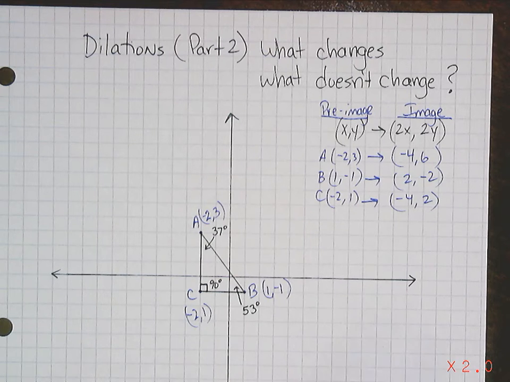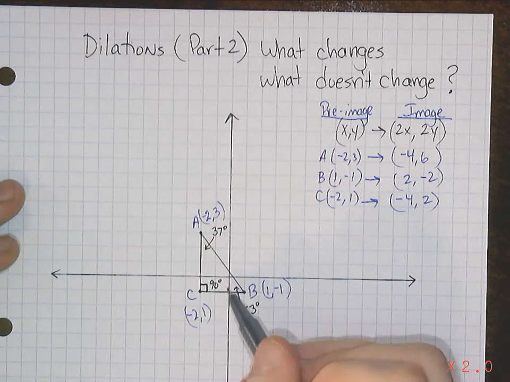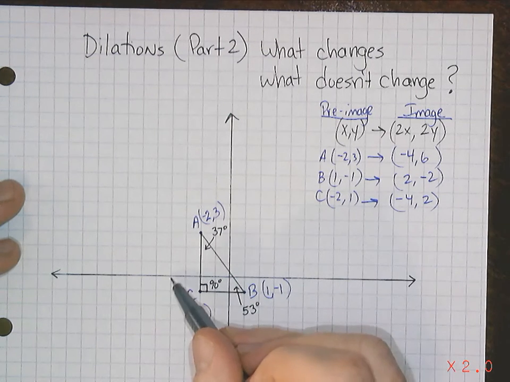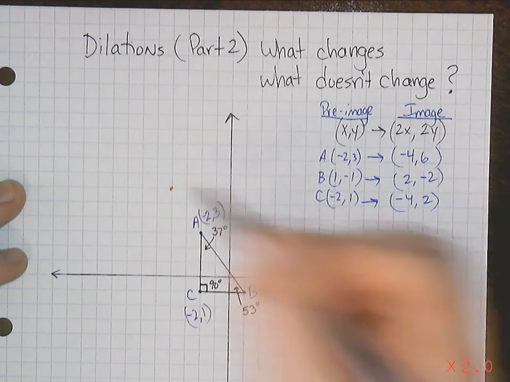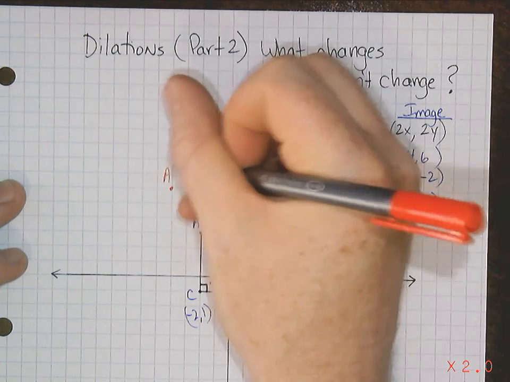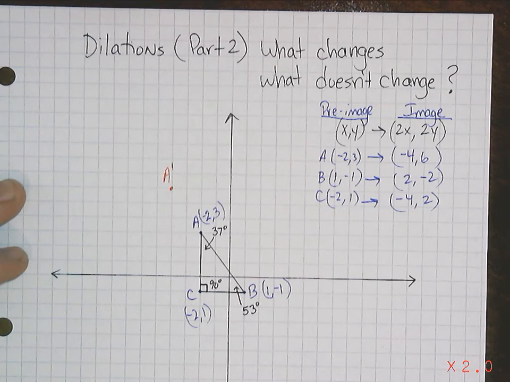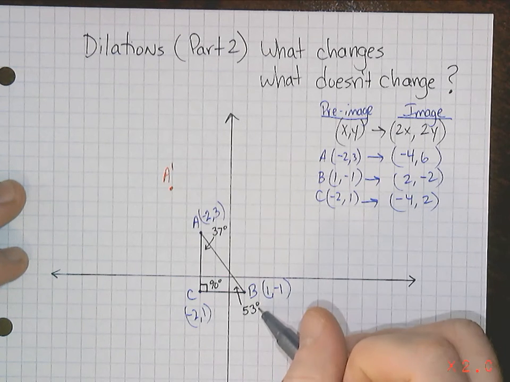So -4, 6 is going to end up being 1, 2, 3, 4, 1, 2, 3, 4, 5, 6. So A prime is going to end up being here. B is going to end up at 2, -2 right here.